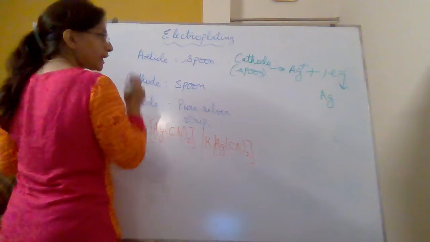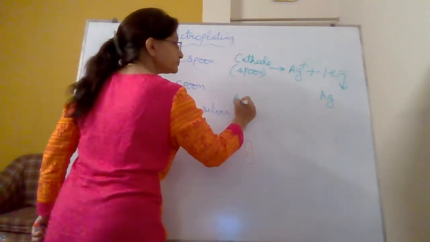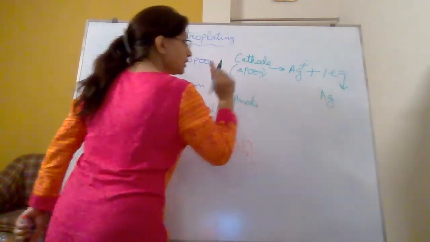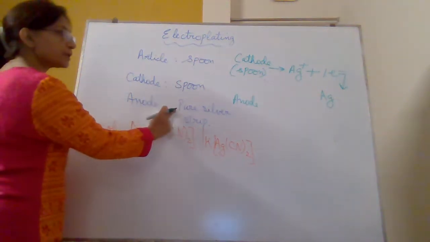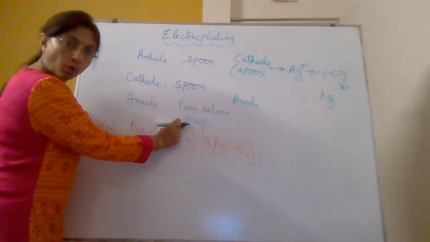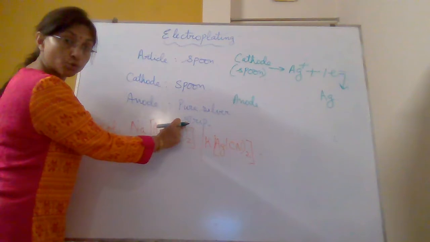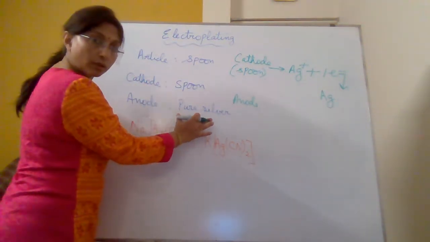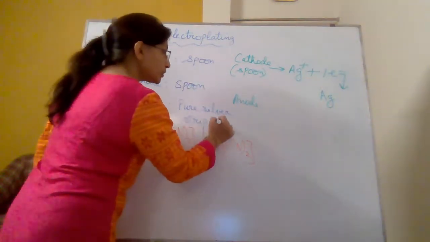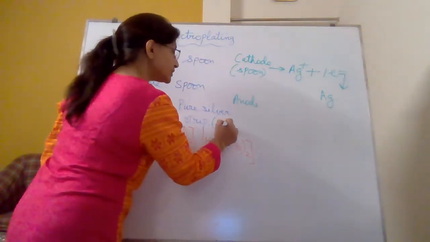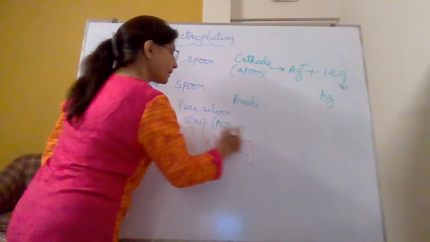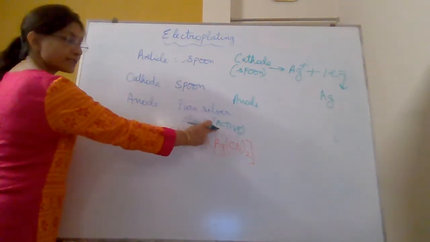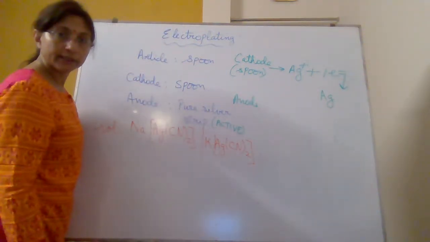Then comes what happens at the anode. What is the anode? The anode is a pure silver strip. The point to remember here is that since it's a silver strip, the electrode here is active. Silver is an active electrode. What is an active electrode?